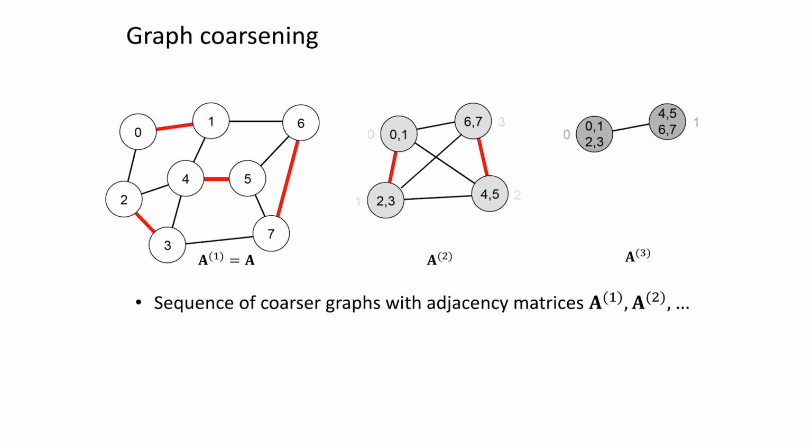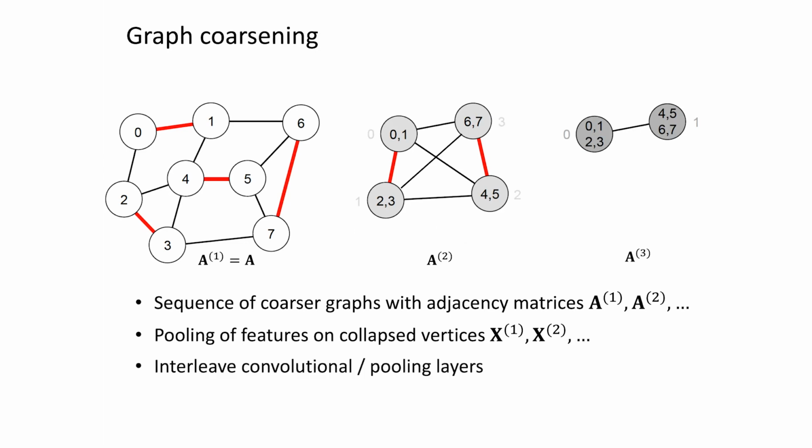This creates a progressively coarsened sequence of adjacency matrices and coarsened features on the nodes of the corresponding graphs, which can be done using the maximum. We can interleave convolutional and pooling layers like in standard classical CNN architectures. But here, the special thing is that we can also make the pooling learnable. So the way that we collapse vertices together can be task specific and can be made in a learnable way.